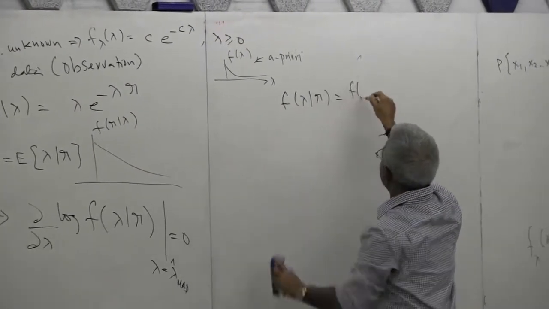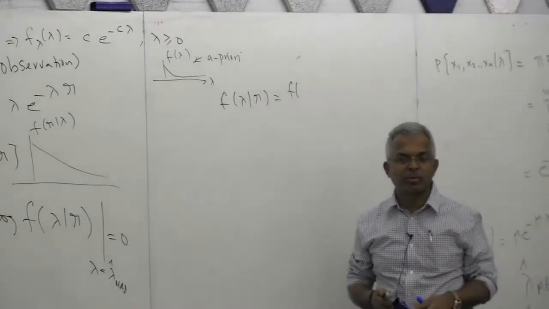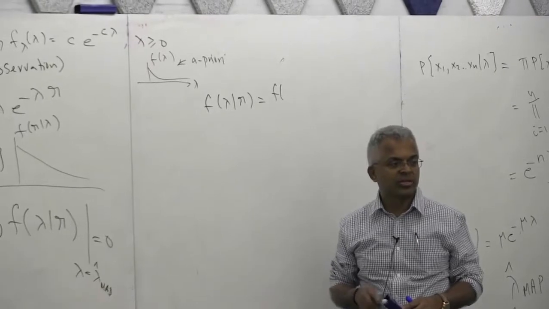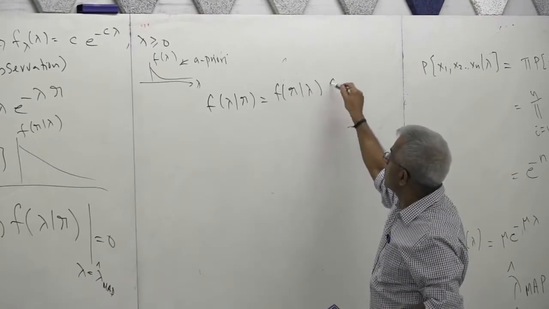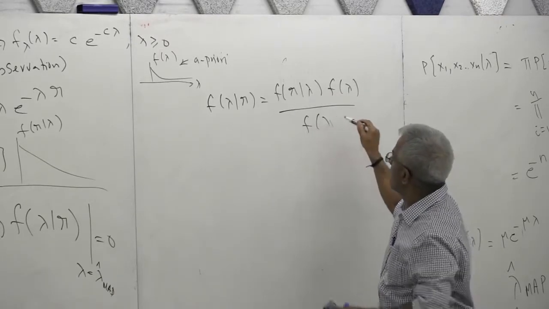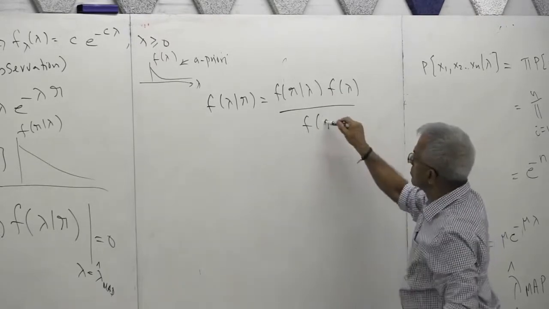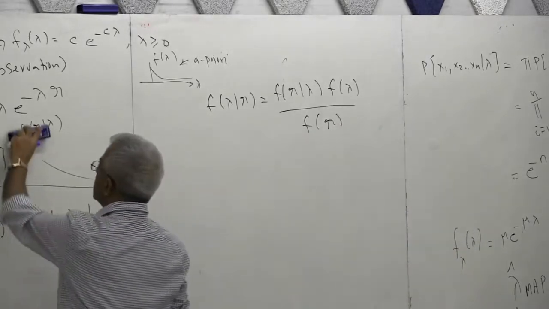So this is where the Bayes theorem comes in. You were bored when I was discussing Bayes theorem in probability, but now you can see the application. So this is f of r given lambda multiplied by f of lambda over f of r. Anyway, we need this even here, right?